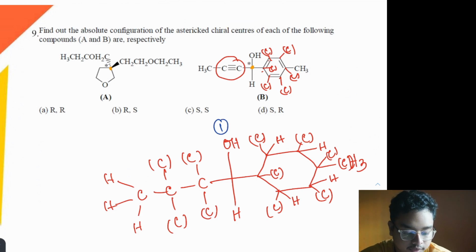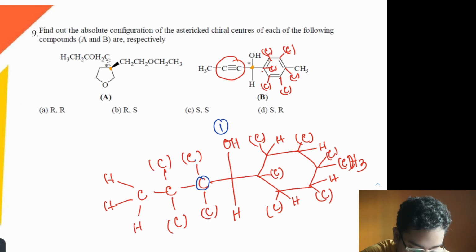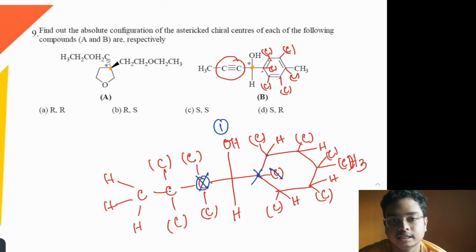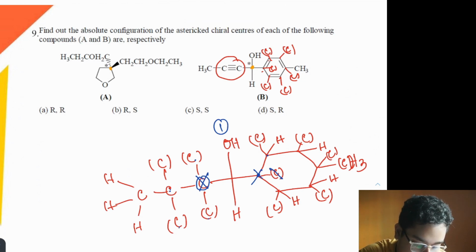Now we are talking about these two centers. If we look at this center, it contains 3 carbon. This particular center also contains 3 carbon. Okay. So this will not be our determining center. So we move further to the second carbon. This is also connected to 3 carbon, but here this is connected with 1, 2, 3 carbon.